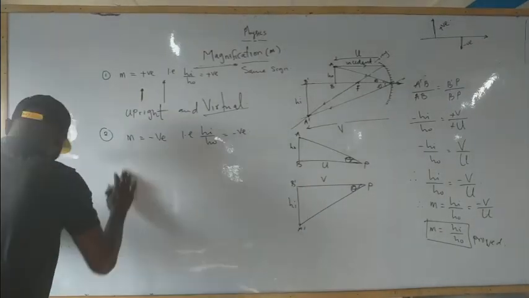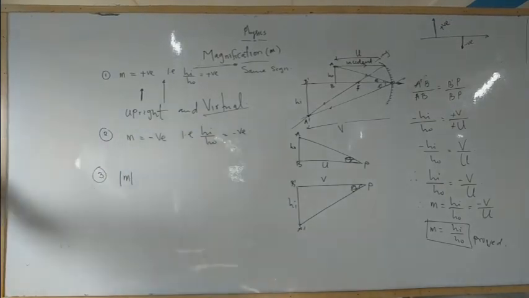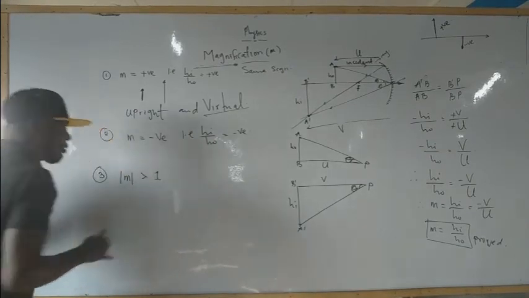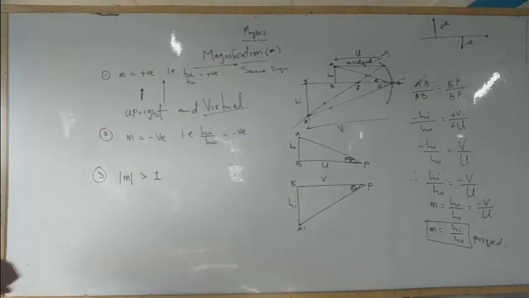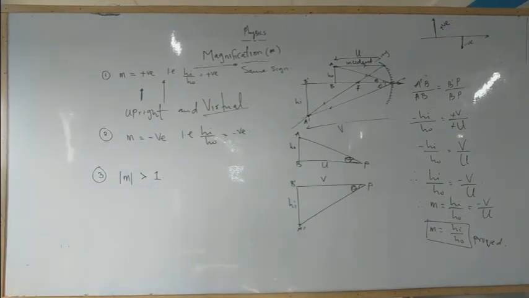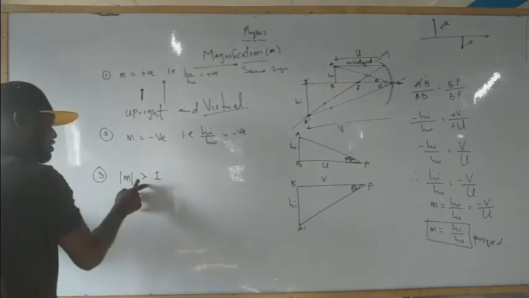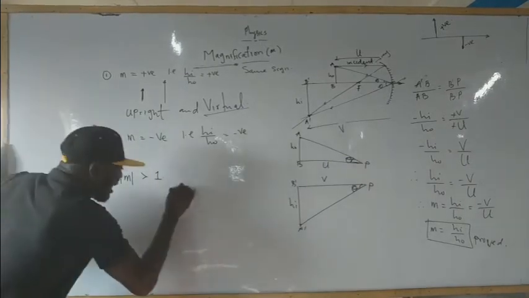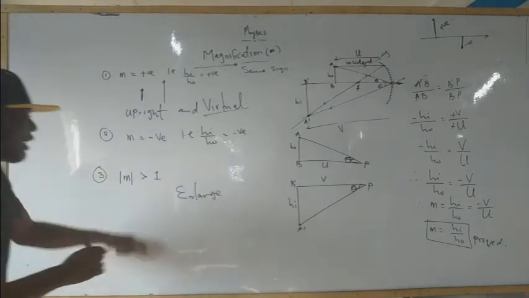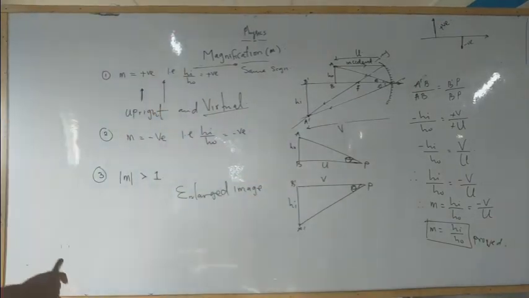Number three, magnification magnitude. When the magnification magnitude is greater than 1, what can we deduce from there? We can deduce that the magnification means enlargement, an enlarged image.